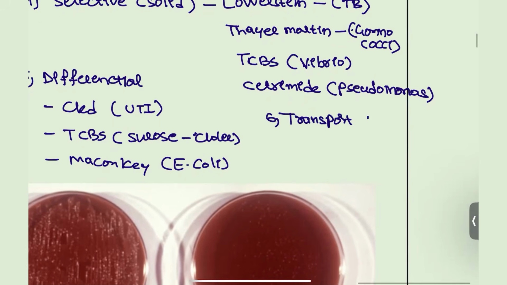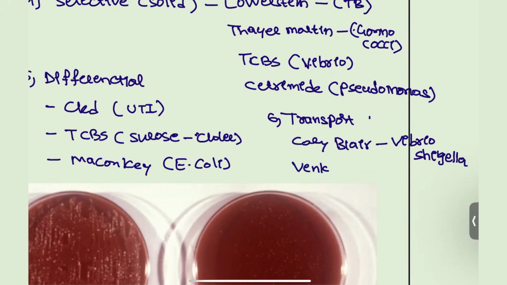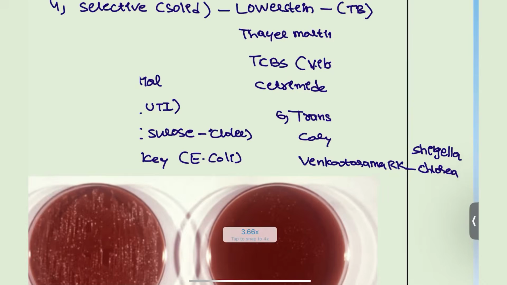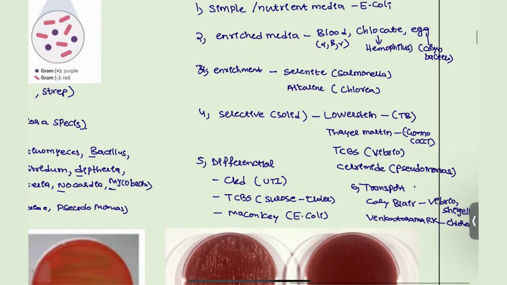Here, Cary-Blair media we are going to use for the Vibrio and also Shigella. And there is also our Indian Venkataraman-Ramakrishnan medium, which is also for the cholera only.